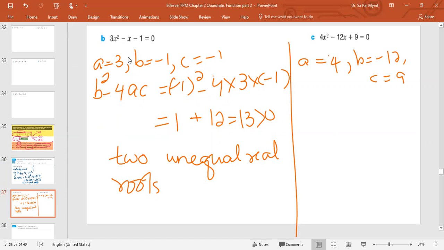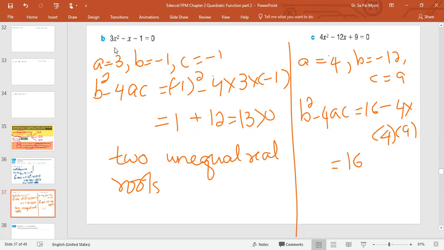What is the discriminant? The discriminant is b² minus 4ac. You need to plug in a, b, c. So 4 squared is 16, minus 4 times, what is a? a is 4, c is 9. So 16 minus 4ac, 4 times 4 times 9, 16 times 9, what do you get? 144.